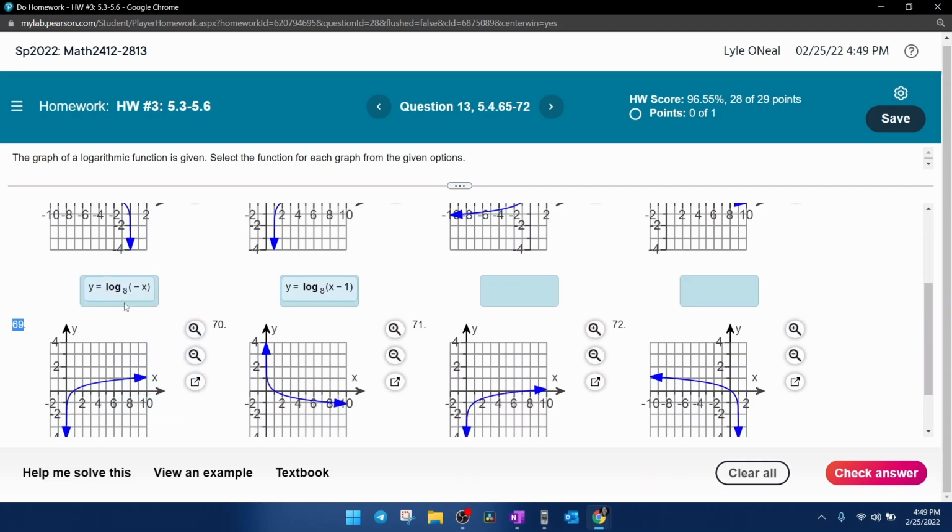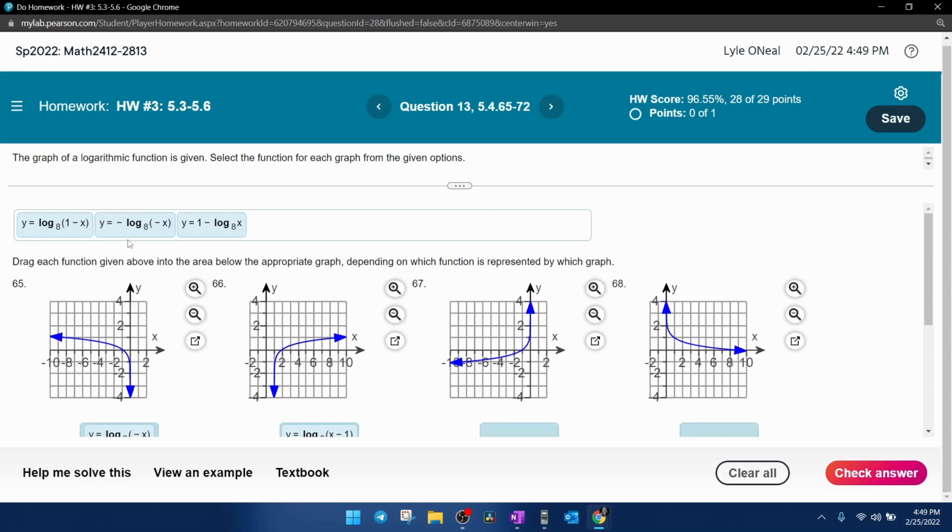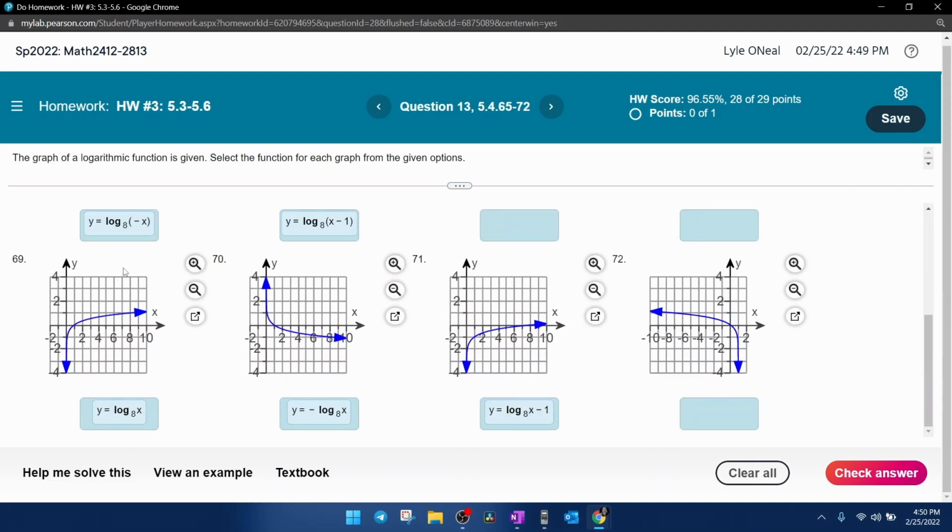All right, let's do this graph next, where we have a negative log base 8 of negative x. That is going to incorporate a vertical flip and a horizontal flip. If you can imagine this graph flipped vertically, it would come down to the right, and then flipped horizontally, it would come down to the left.